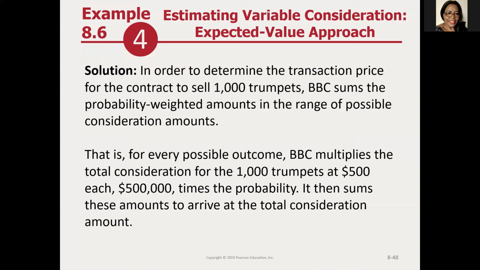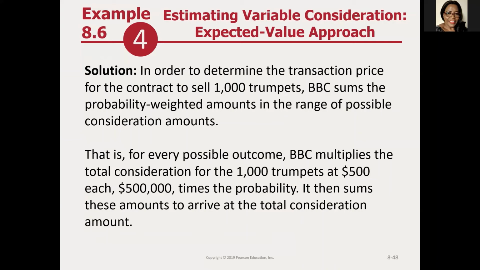In order to determine the transaction price for the contract to sell 1,000 trumpets, BBC sums the probability weighted amounts in the range of possible consideration amounts. That is, for every possible outcome, BBC multiplies the total consideration for the 1,000 trumpets at $500 each, $500,000, times the probability. It then sums these amounts to arrive at the total consideration.